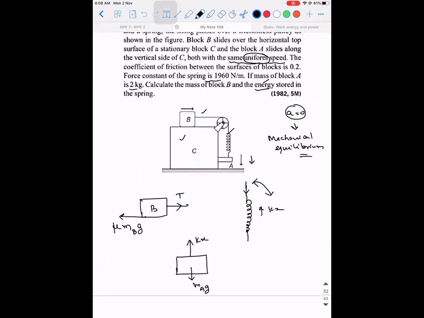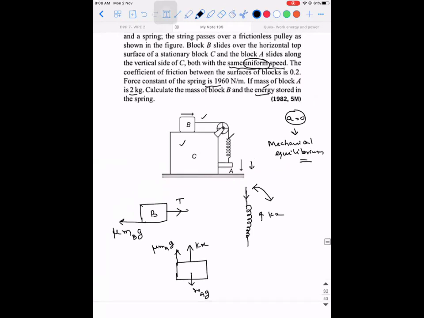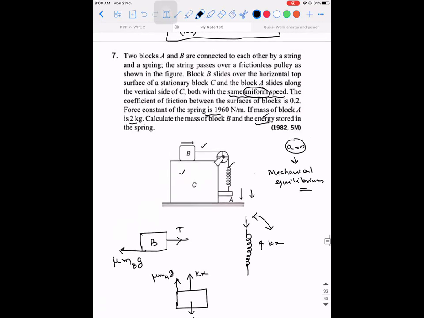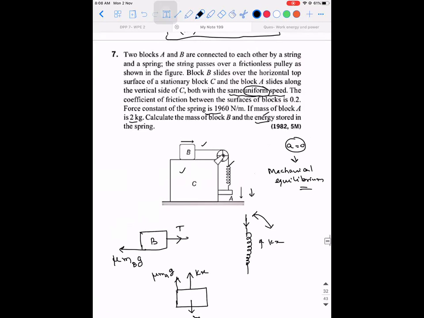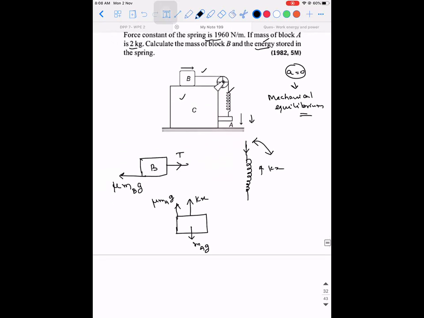The friction on the other side between blocks A and C should be in the upward direction, that is mu mA into g. According to the way they have given it, the coefficient of friction between the surfaces of the blocks is 0.2.